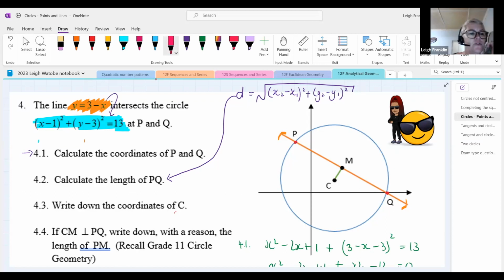So there's nothing wrong with that, because if you had x minus 1 squared, then over here in place of this y, you would have had 3 minus x minus 3 squared equals 13. Is that what you had?